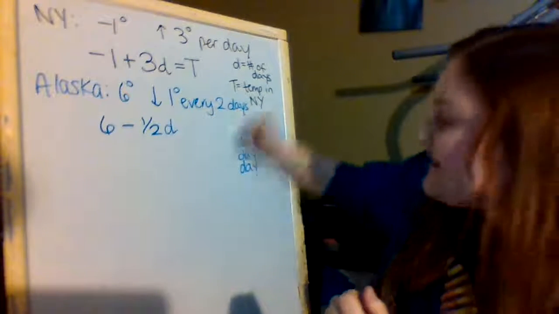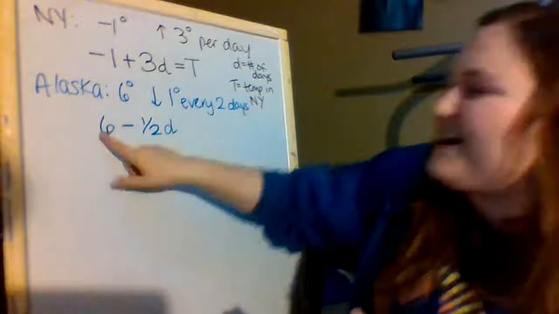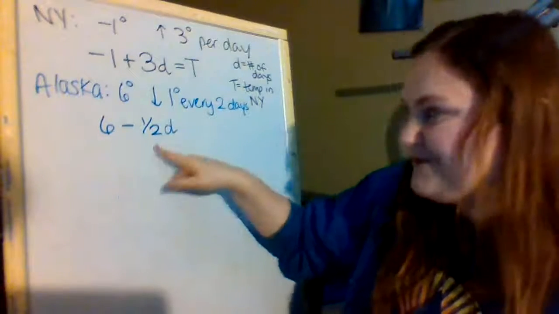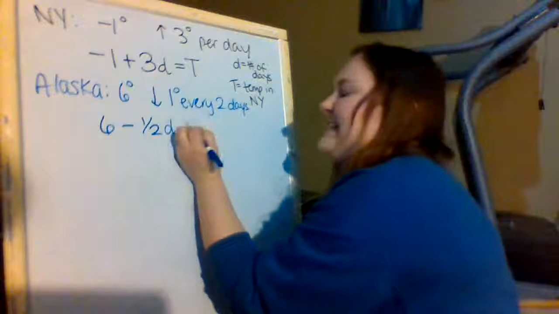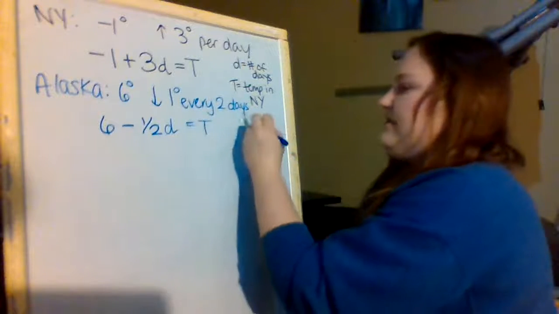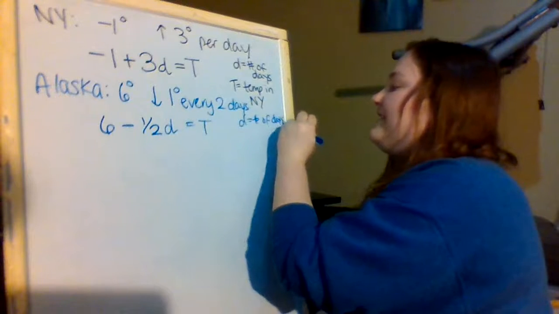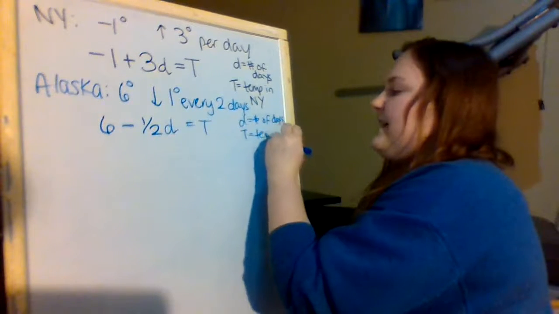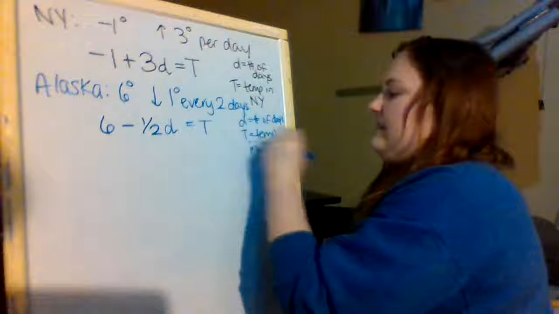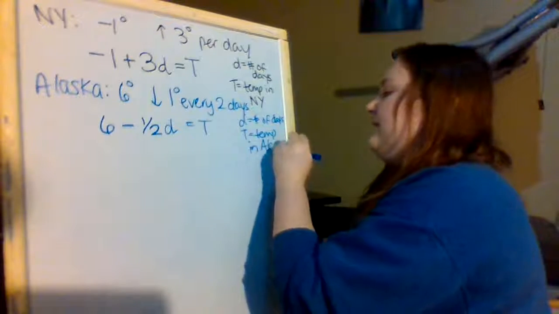I say all that to say, starting at 6 degrees and it's dropping half a degree every day, and we could say that equals our temperature. So again, D is the number of days that have passed, and now T is going to be our temperature in Alaska.